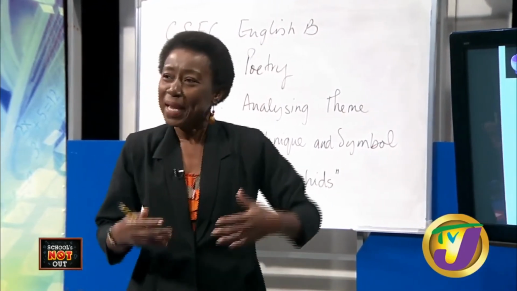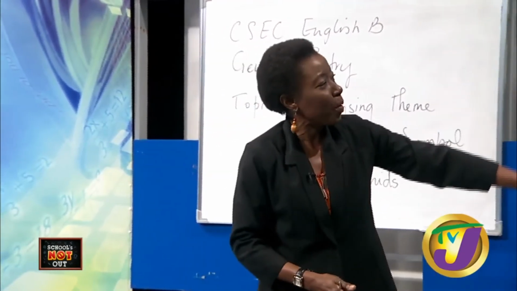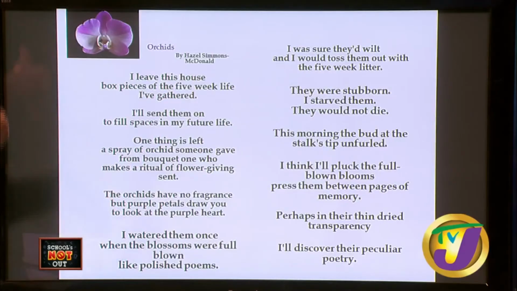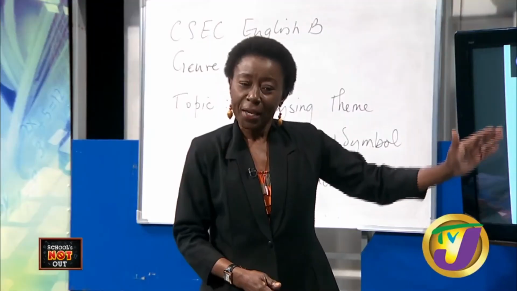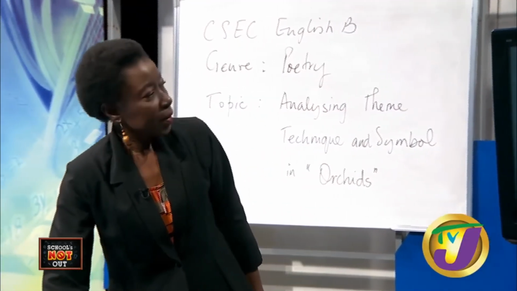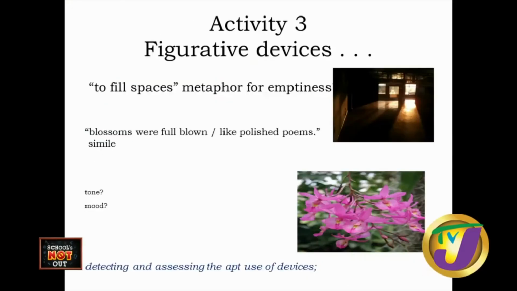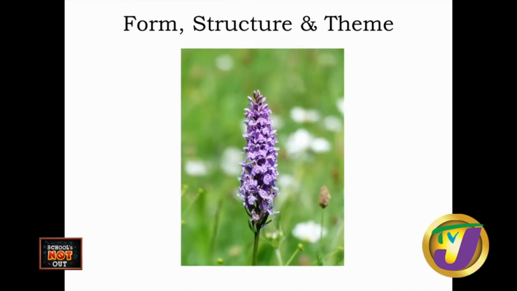And we are beginning to get it all together. So the shape, the form of the poem, what the person is talking about, the orchids come together. And the figurative devices that are used all come together to make up that structure. The one thing makes a statement.